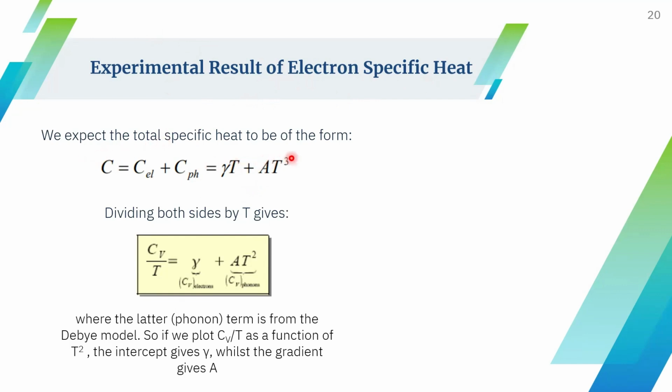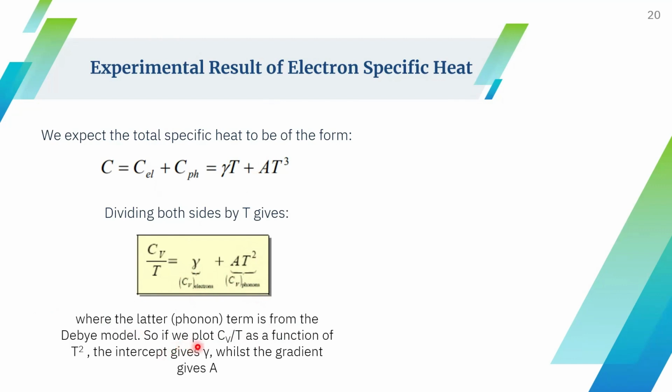We expect the total specific heat to be in the form C equals, as we discussed previously, the specific heat capacity of electrons plus phonons, which equals δT plus A into T cube. I want to divide by T on both sides, so I will get CV by T equals δ plus A into T square. Here δ is the specific heat coefficient of electrons, and AT square is the specific heat of phonons, where the phonon term is from the Debye model.